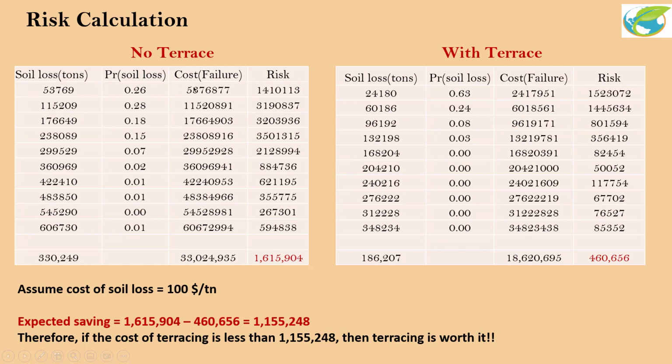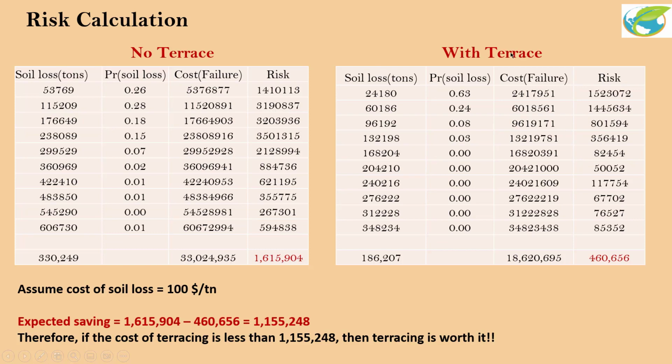And the cost of failure times the probability of failure gives me the risk, right? The risk of failure, and this is the risk. Here is the average. Average here is the expected value, right? We don't call it average because we don't know if the distribution is normal or not, so it's an expected value, the middle is at 50%. So this is the expected risk for the no terracing case.